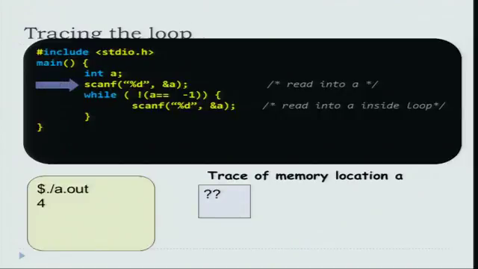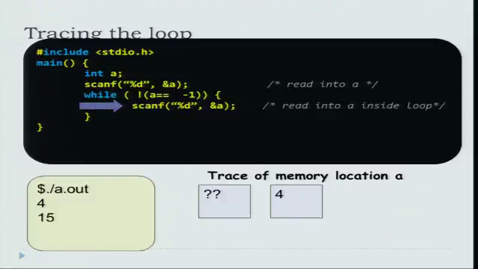In a box I will represent the memory location A and its current content. I run the program after compiling, a.out, and let's say that I enter the number 4. Now you scan the number 4, so memory location A becomes 4. Now 4 is not -1, so you enter the loop.